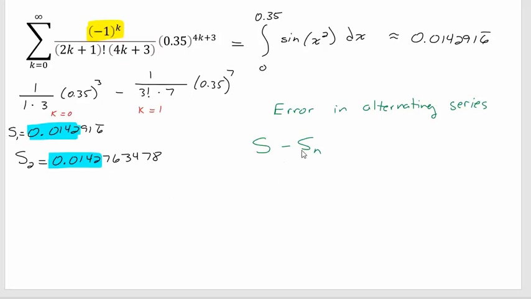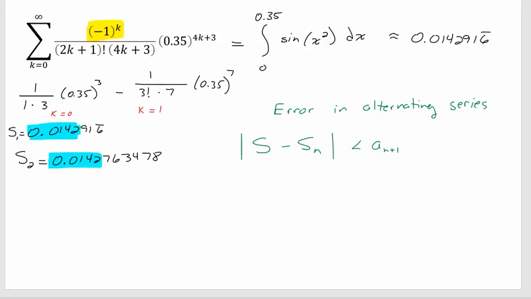And so you have the difference between the actual sum and the sum of the first n terms. This might be positive or negative, so we could look at an absolute value here to make it positive. This is going to be less than the n plus first term. That's a characteristic of an alternating series and the error in an alternating series.